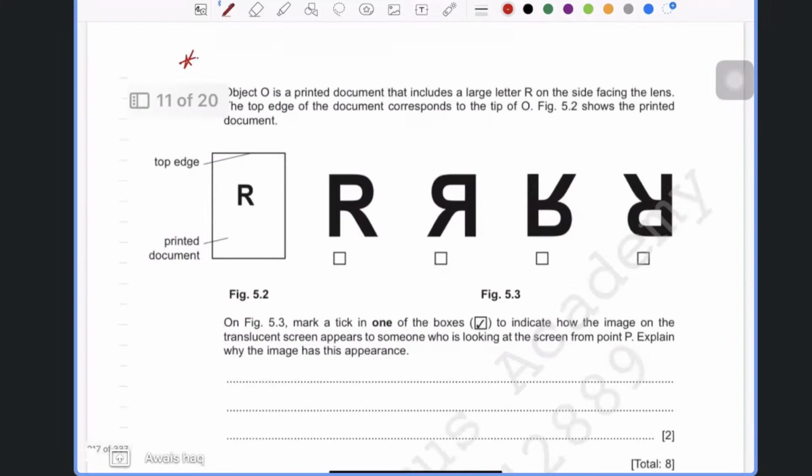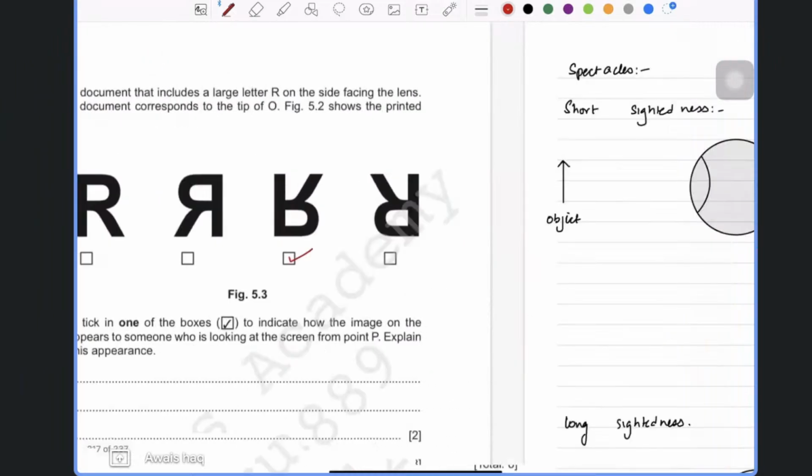So a real image is always inverted as well. How inverted? It's upside down. So R would be inverted like this. Okay, so it would look like this basically. Do you understand? Okay, thank you. And then obviously it's a real image, so you can say it is inverted, and that's what you need to explain.